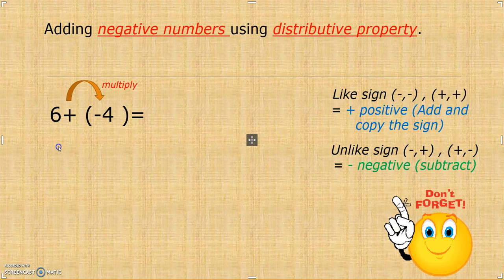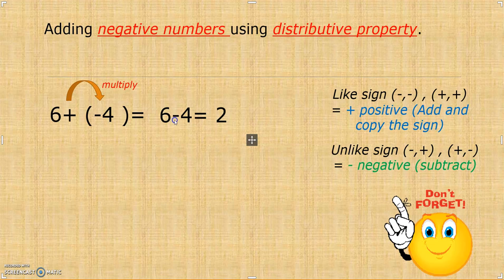So for our first example, we have 6 plus negative 4. We multiply the positive sign, or the plus sign, by our negative 4. So the answer is 6 minus 4, because positive times negative is negative.